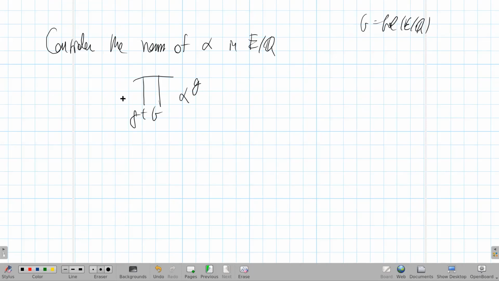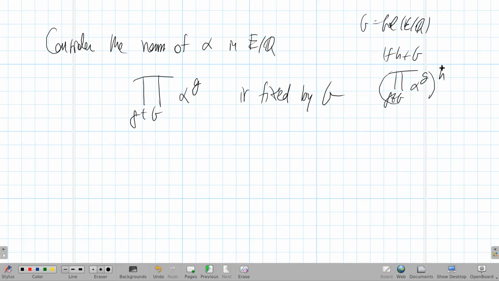And why is the norm important? Well, there are some results that you have learned in Galois theory and in other courses about the norm, but the important thing is that this is a general fact. This is fixed by G. Well, clearly, let's just recall why it's fixed, because if you apply H, then the product becomes this.